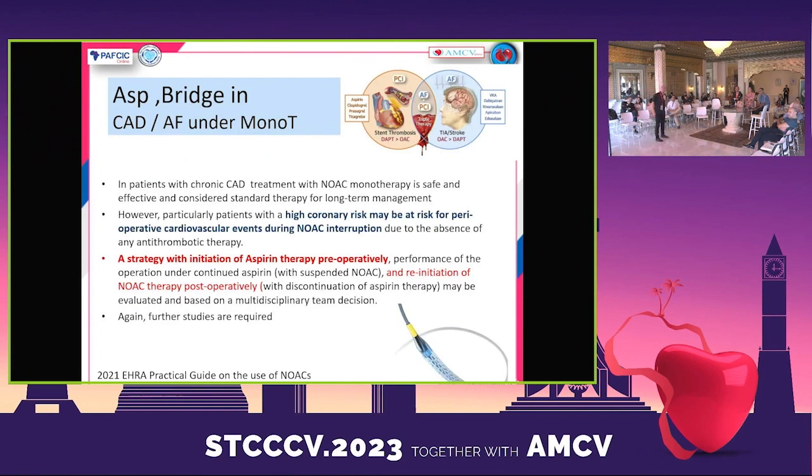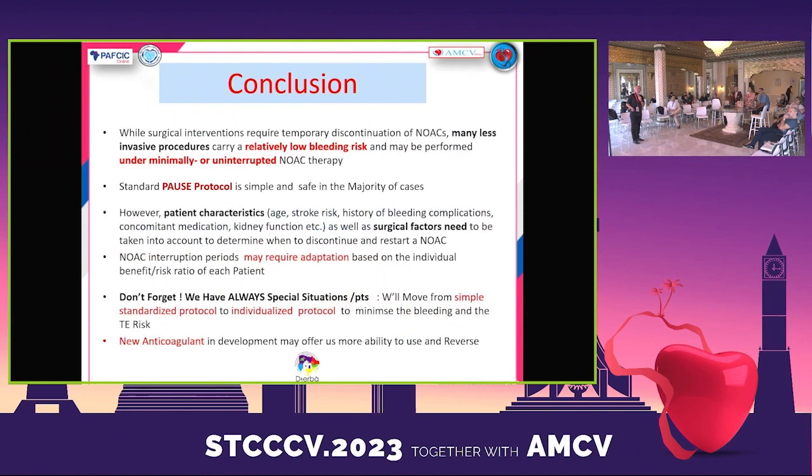Just a special thing about patients with coronary artery disease with stents, who are under monotherapy: we have to think, when stopping the DOACs, to keep the aspirin or to put the aspirin in during the perioperative period, because if we do not do this, maybe the patient will have thromboembolic events during surgery.